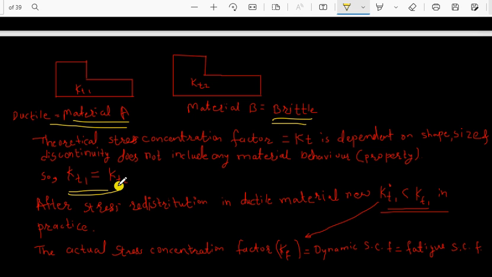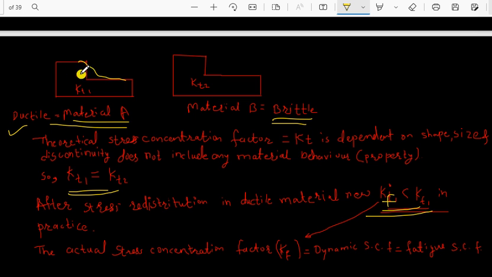But in actual, what happens? If the ductile material is there, due to application of load, there will be a stress redistribution. There will be some deformation like this, so the stress concentration factor will reduce. For simplicity I will write here KF; it will always be lesser than the KT value.